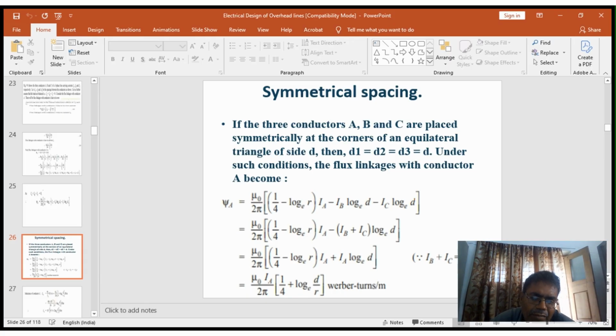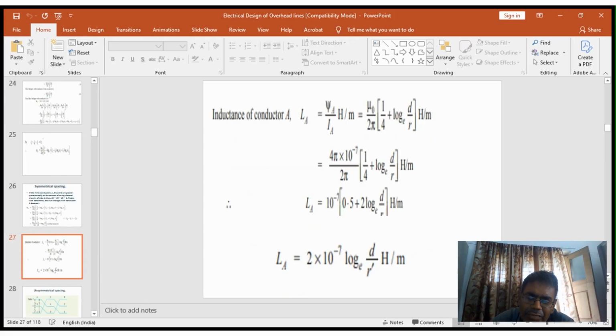Finally, we get the inductance of conductor A, La is equal to 2 into 10 power minus 7 ln d by r dash. That is the inductance of a three-phase overhead line when the conductors are placed symmetrically.